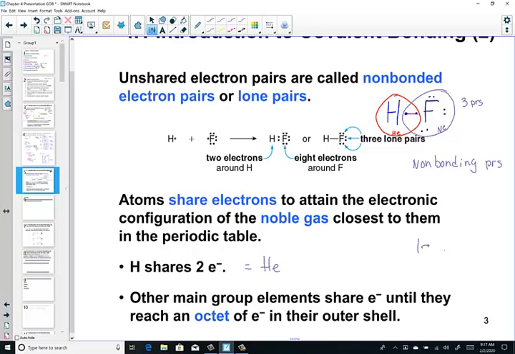So if this is hydrogen, its goal is to become like helium. That first energy level is filled with 2 electrons in the s sublevel. But anything bigger than that, we know that we want to achieve the octet, just like fluorine did, by gaining 1 more electron, it became like neon, and so forth.